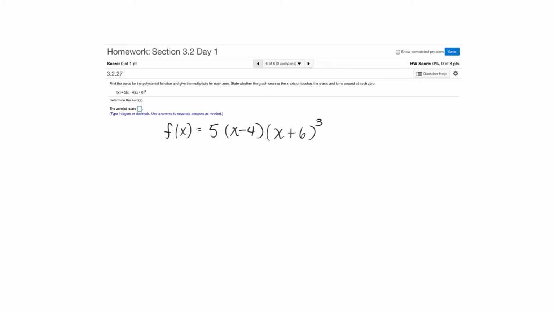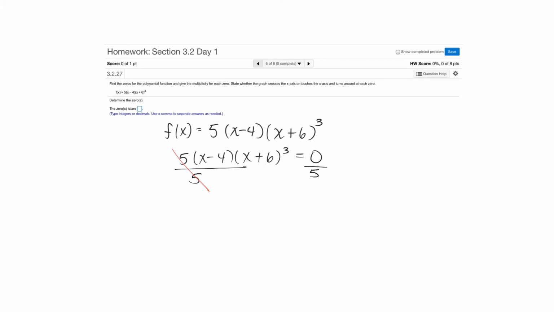It only wants me to find the x-intercepts or the real zeros, right? So I would be setting my function equal to 0. And note that 5 has nothing to do with the zeros or the x-intercepts of this particular function. In fact, I can divide both sides by 5 if I want.